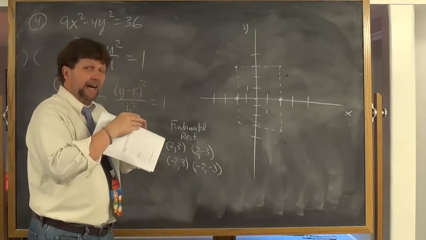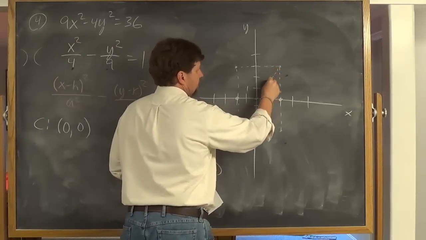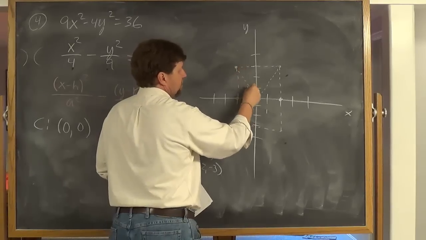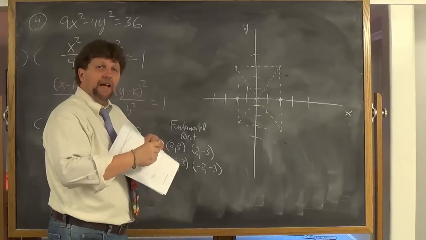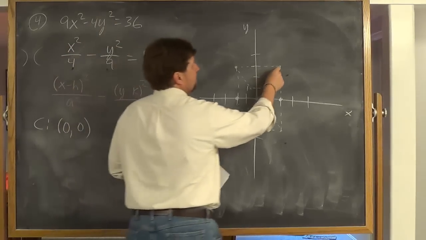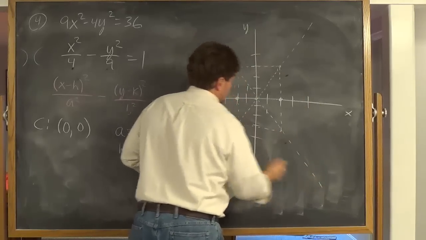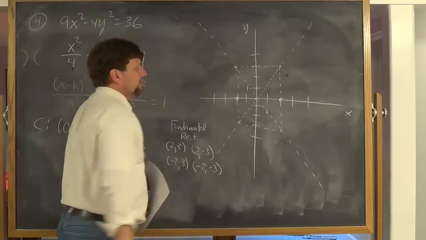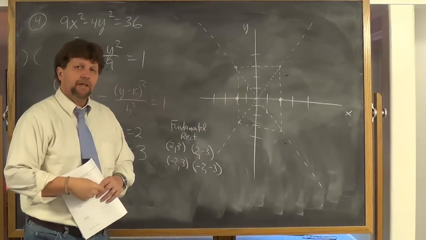If I make the diagonals of this rectangle, so here are diagonals of the rectangle, and notice the diagonals will pass through the center of the hyperbola. And now if I extend those diagonals, these extended diagonals, those are the asymptotes for the graph of the hyperbola.